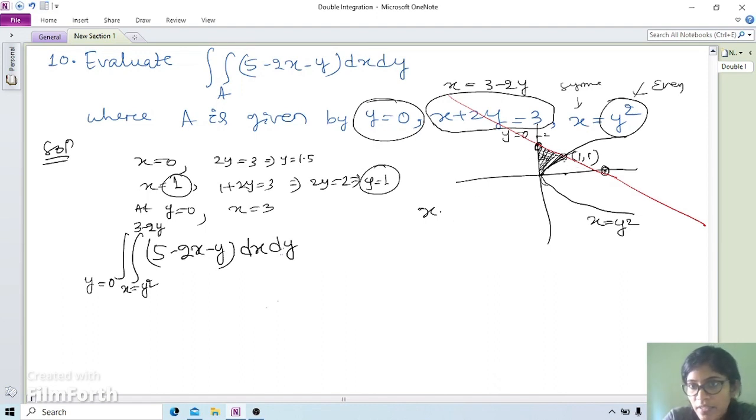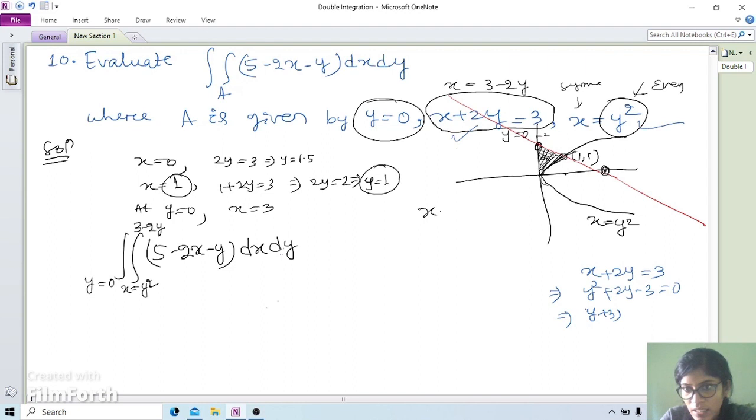The other limit will come from this line equation and parabola equation. Simplifying this, x plus 2y equal to 3. That means in place of x we'll put y square, so y square plus 2y minus 3 equal to 0. y plus 3 into y minus 1 is equal to 0, which gives y equal to minus 3 and y equal to 1.